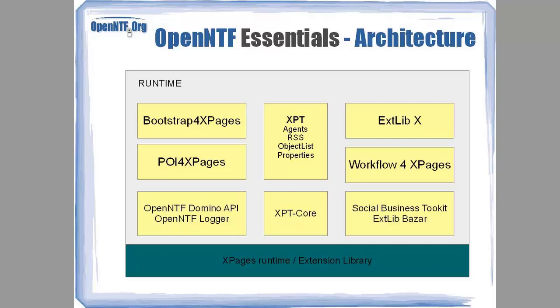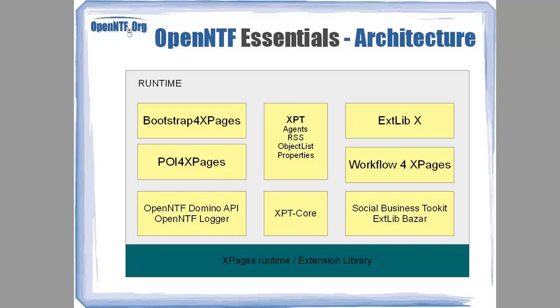So OpenNTF Essentials, let's talk about the architecture of the plugin we have. On the base, we are based on the XPages runtime and the Extension Library. And then we have put in all the projects that we think are essential.